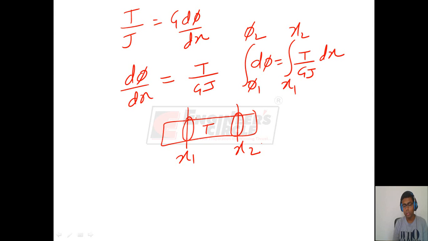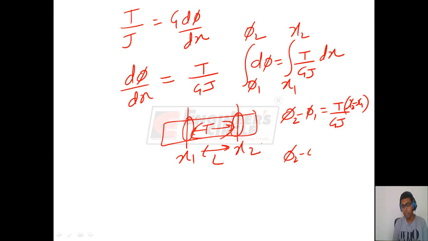Let the internal torque on this shaft portion be T. Therefore we can write phi 2 minus phi 1 as T by GJ into x2 minus x1. Let this x2 minus x1 be L. Therefore we can write phi 2 minus phi 1 as TL by GJ.